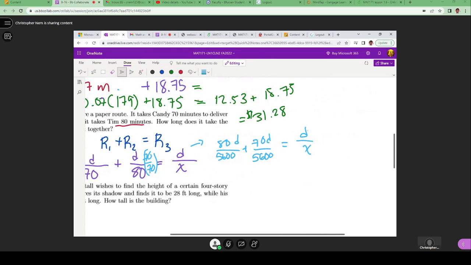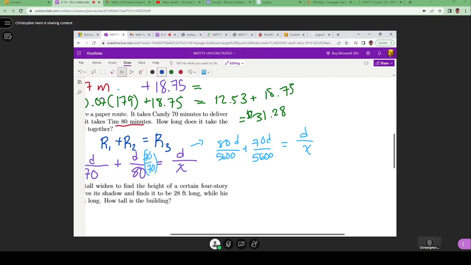I do a single d here because I want to figure out how much both of them can cover in that same distance. I'm not doing 2 times d, 3 times d. It has to be that same distance for both of them. So I have this. Great. I need to solve for x. That's going to tell me how long it takes for both of them in that same distance.